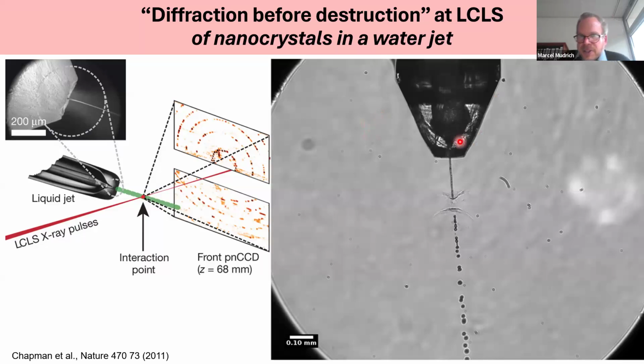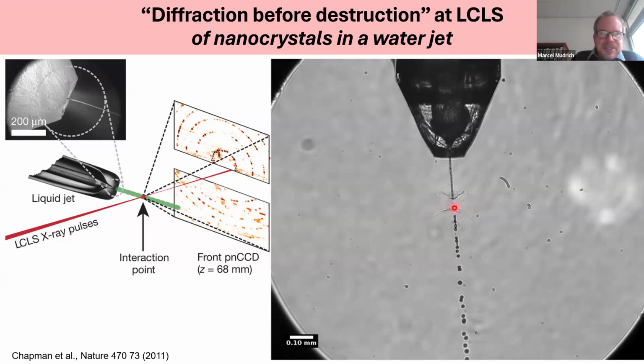This is a photograph showing the moment of interaction of an X-ray beam with such a liquid microjet. These X-ray beams are very intense and highly ionizing. So obviously an X-ray beam that hits the water jet ionizes it and explodes it, which can be seen as these flashes, basically cutting a hole into the jet.